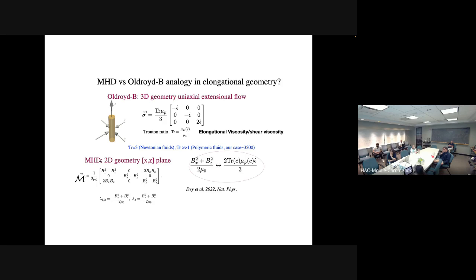Similarly, in MHD, in 2D geometry, which is basically our simulation, you could write the Maxwell stresses in this form. And by comparing the eigenvalues in the MHD case to this Oldroyd-B case, we basically arrived at this particular equivalence.